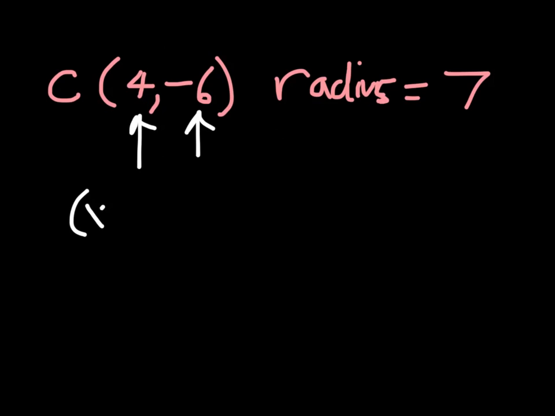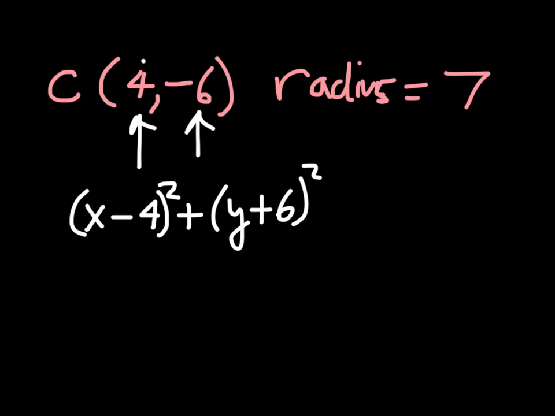You would have to start off with (x minus 4) squared to get the x-coordinate to be 4, and it would have to finish with (y plus 6) to get the y-coordinate to be negative 6. The number at the end will be the radius squared, or 49, and that's how those go.